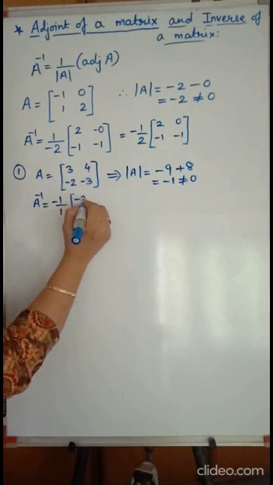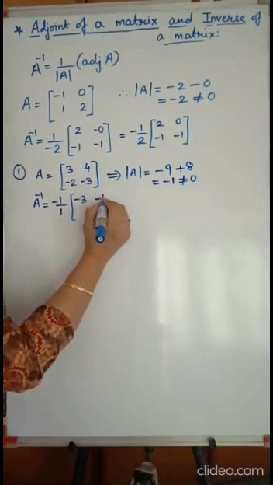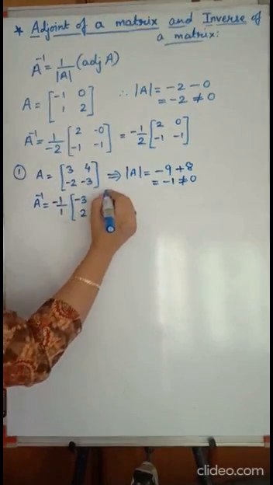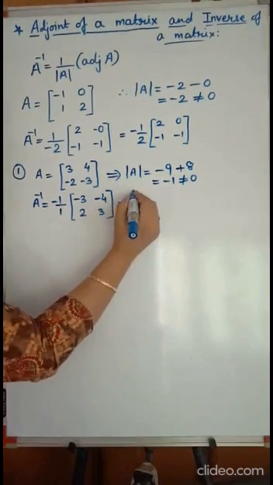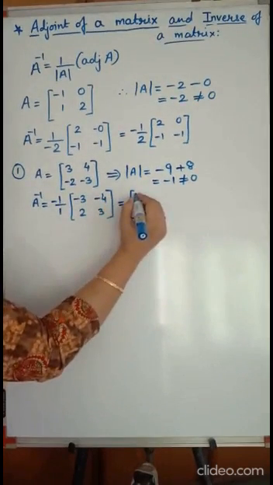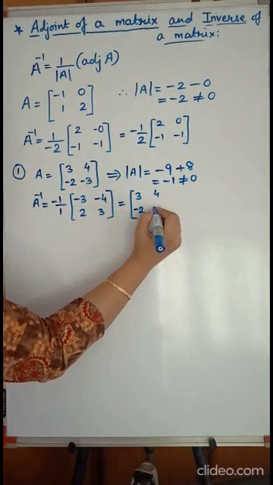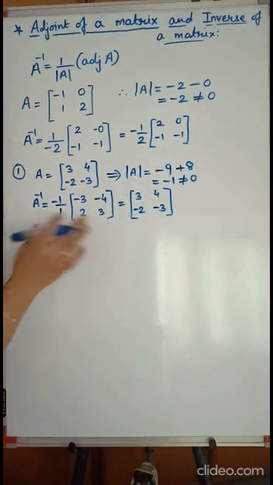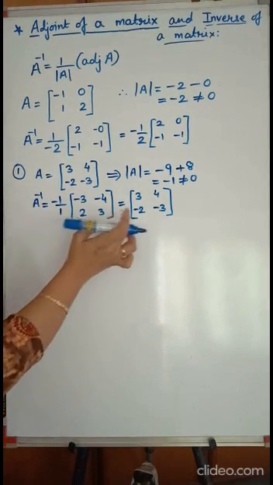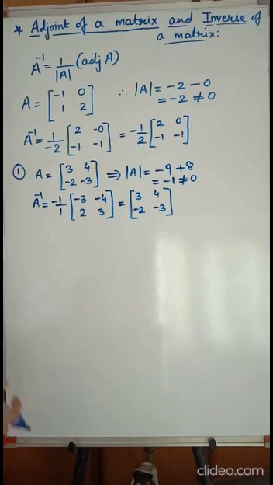So it is minus 3 and this will be 3, and negative of this is minus 4 and 2. So I can take negative inside and I get directly 3, 4, minus 2, minus 3. If you keep it as it is, nobody will say wrong. You can take negative inside. This is how to find the inverse of a 2 by 2 matrix directly.